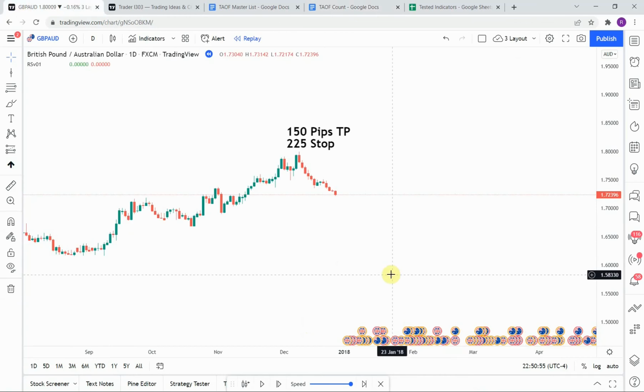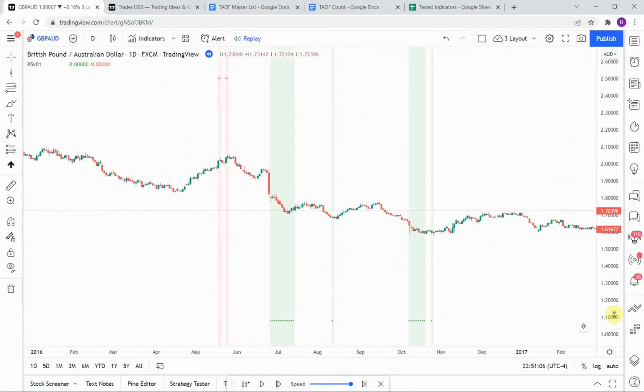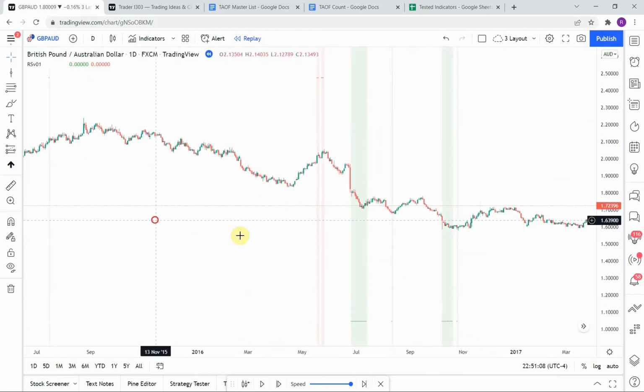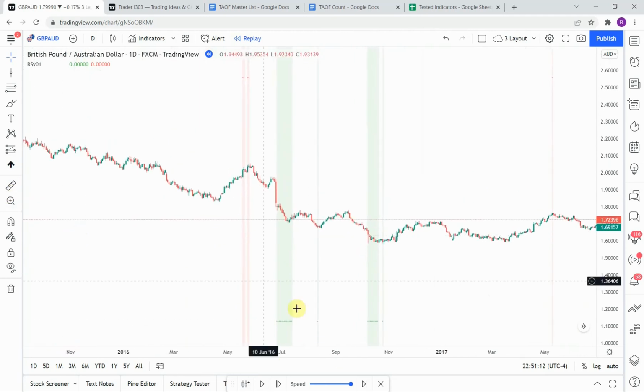Alright, so today's indicator is the RSI Screener V1. And you can't quite see it on screen here. Let me zoom back just a little bit here. Scroll back here. And now you can see these areas of green and red with these dots on the lower side or on the top side there.